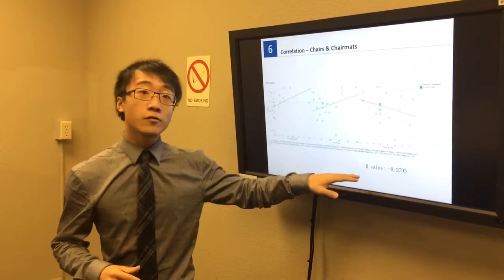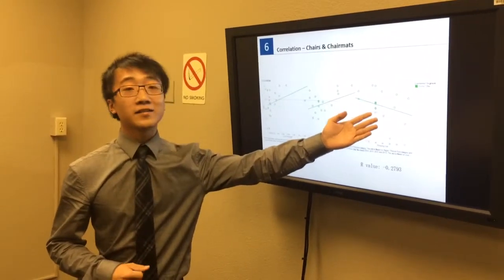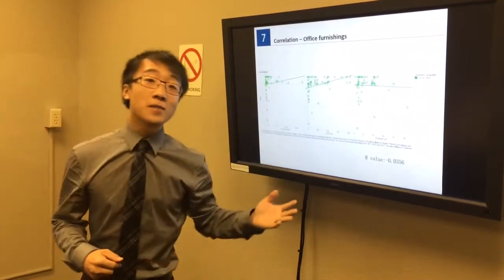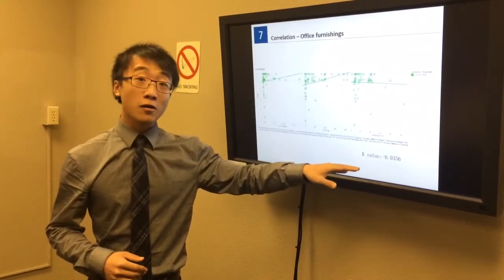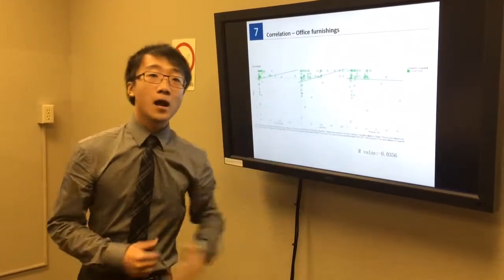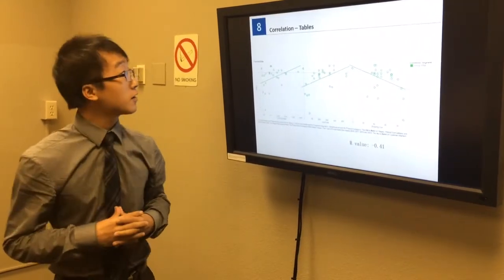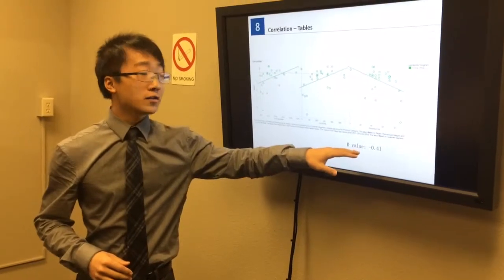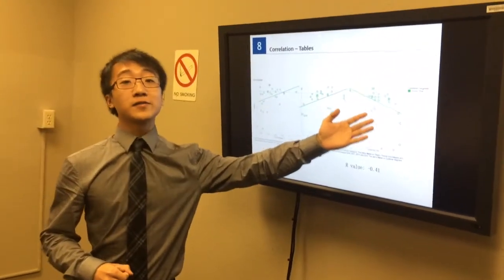The absolute value of R is smaller, and the line is not that steep anymore. Office furnishing is pretty much the same. The absolute value of R is even smaller, and this line is almost flat. However, our second category causing our loss, tables, has an R value of negative 0.41, and you can see that this line is very steep.